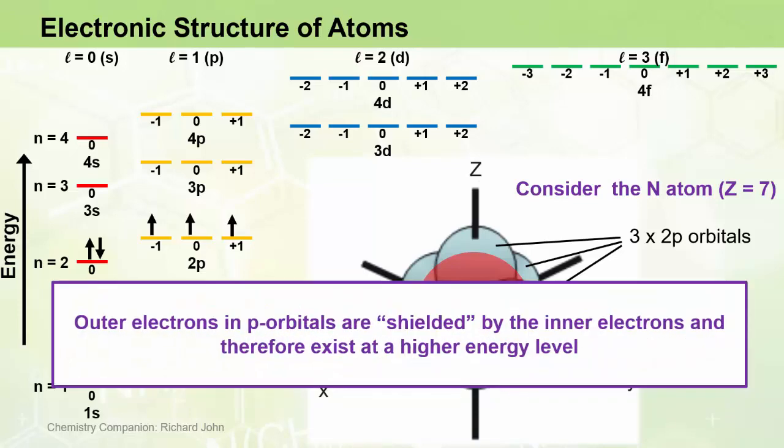This therefore means that the outer electrons in the p orbitals are shielded by the inner electrons closer to the nucleus, meaning they have less Coulombic attraction to the nucleus than would be the case if the inner electrons were not present. This shielding therefore results in electrons in p orbitals existing at a slightly higher energy, slightly further from the nucleus.